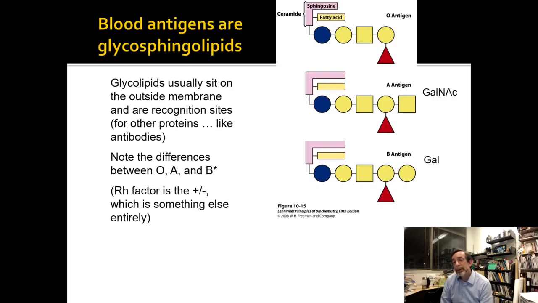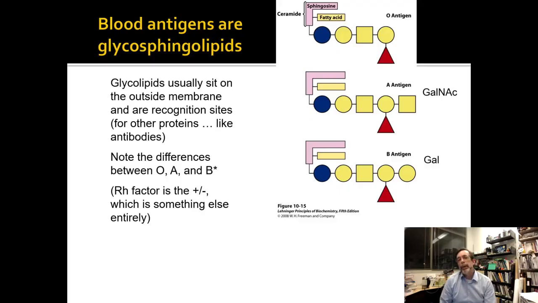Exactly why that works is a little bit of a mystery to me, but I think it's pretty intuitive that the O antigen doesn't have anything that will make the others freak out, whereas if you give A antigen or B antigen blood to an O antigen person, they will freak out. So O is a universal donor, and AB blood is a universal acceptor. Okay.